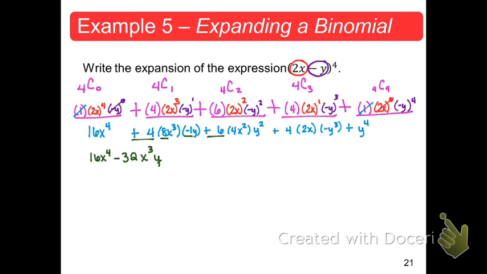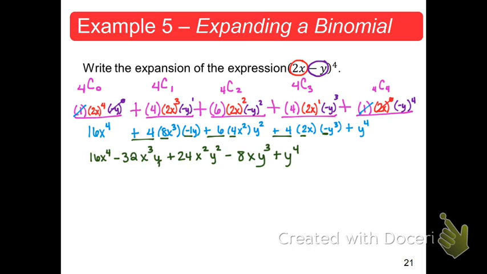Then we got 6 times 4, which is positive 24 x squared y squared. And then I've got 4 times 2 times, oh, I forgot to put the 1 there, but it's a negative 1. Negative 8x times y cubed. So negative 8x y cubed. And then we got our y to the fourth.